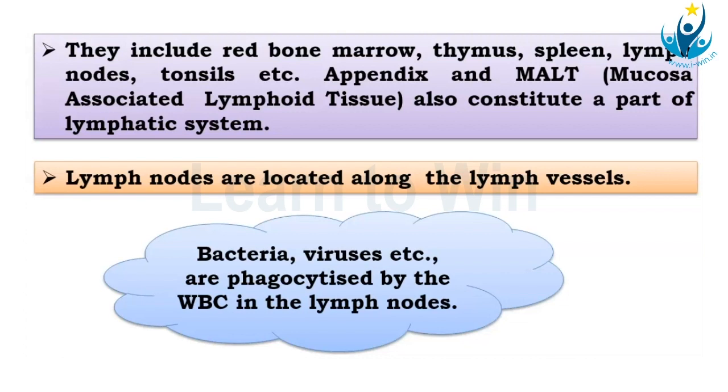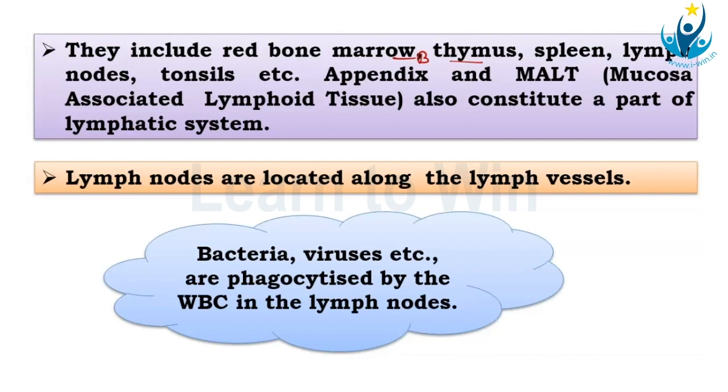Some other lymphatic organs include the red bone marrow, because the bone marrow is known for production of the B cells, right? The thymus, which is known for the production of the T cells, the spleen, the lymph nodes which we have seen, tonsils, appendix, and mucosa associated lymphoid tissue or MALT, all are part of the lymphoid system.